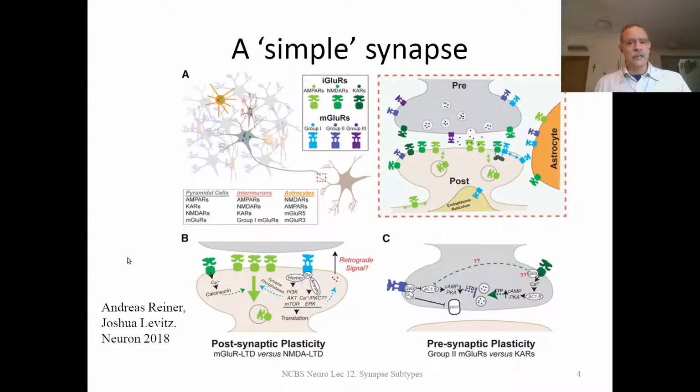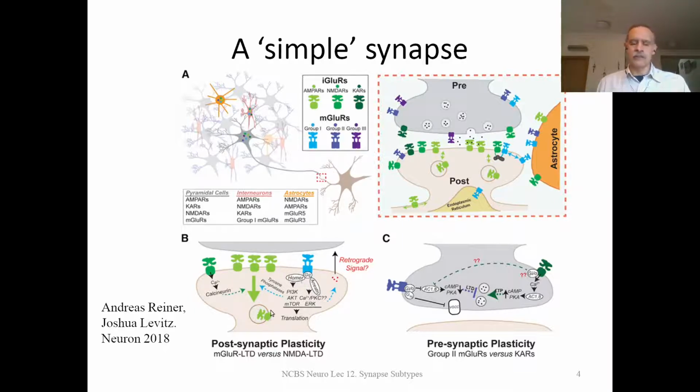Again, anticipating what Shona will talk about later in the course, you can have a lot of plasticity at such not really simple, but simple synapses, where you can have postsynaptic plasticity. This is what we generally think of commonly, in which you have the ability of the postsynaptic side to respond to the same signal modulated up or down.